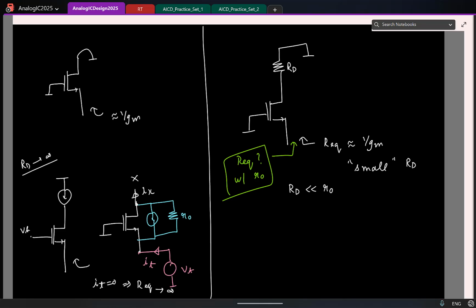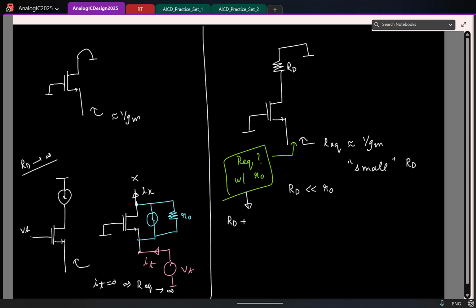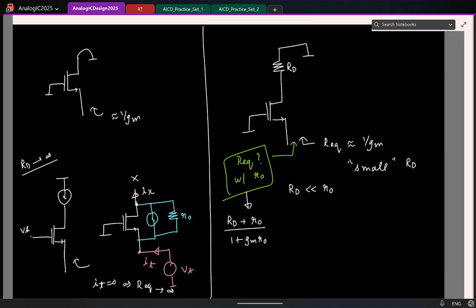So which means don't blindly always think that the resistance looking into the source is always 1 by gm. It is indeed a strong function of the drain resistance. Maybe I'll even give the expression you work out. This will be something like this: (RD plus R0) by (1 plus gm R0). But you work out and see. Later we can understand why this intuitively makes sense.